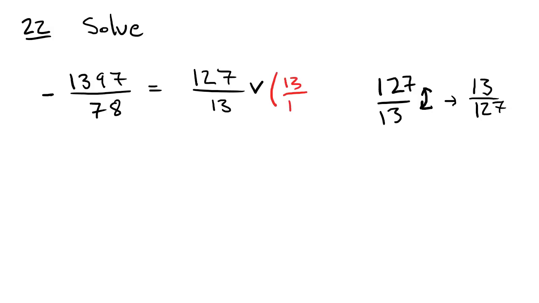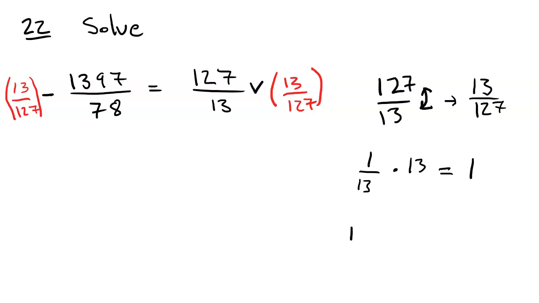You might ask, well, why does this work? Why can I just flip it? The reason is that we can take each part of the fraction and look at its reciprocal separately. We have 1 over 13. Its reciprocal is just 13, because 1 over 13 times 13 is just 1.